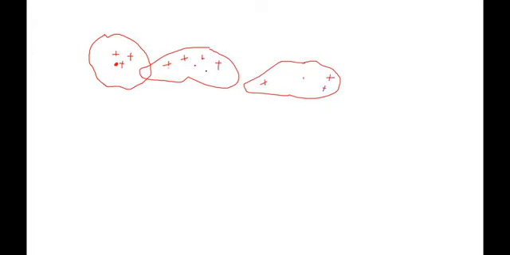Now it might be possible that in the second iteration, when you compare, this point appears closer to this mean, but this point may appear closer to this one instead. Even this point may appear closer to this cluster, and this point closer to this one. This could happen when we create arbitrary clusters. There could be certain points in a cluster which appear closer to the points or the mean of another cluster.